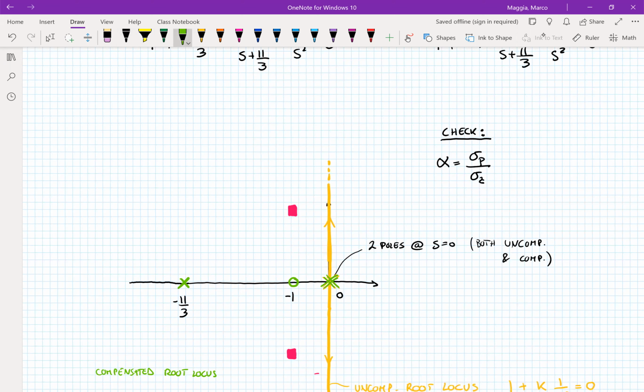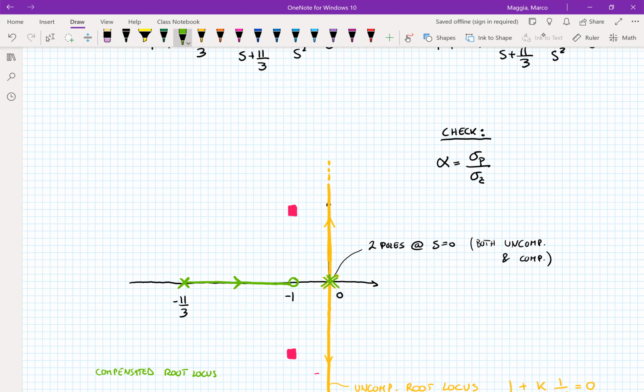So let's see. What segments of the real axis belong to the root locus? We have two poles at the origin, so nothing. Then we encounter minus 1. So everything that is contained between minus 1 and minus 11 over 3 belongs to the root locus. And the segment going from minus 11 over 3 to minus 1 is just a branch of the root locus. So the other two branches have to stem from the two open loop poles at the origin.